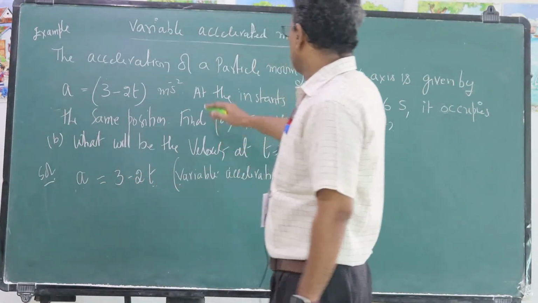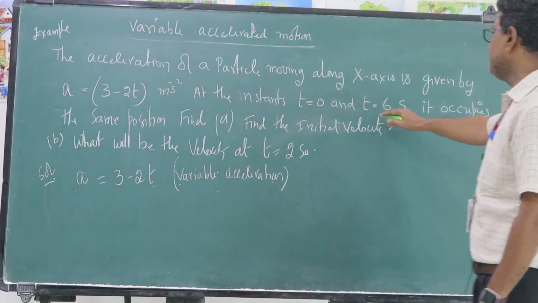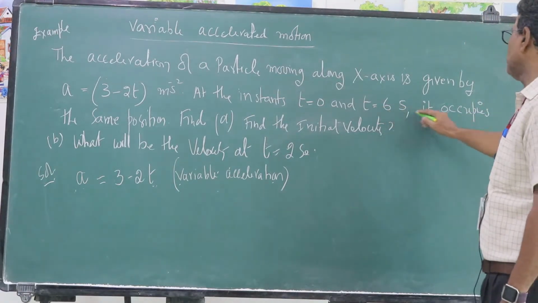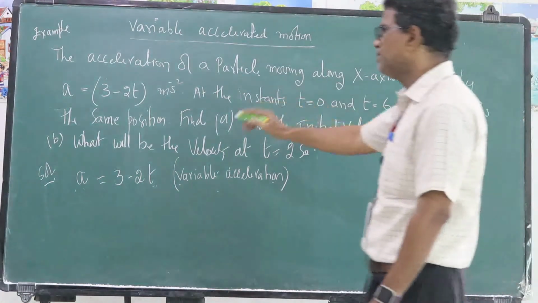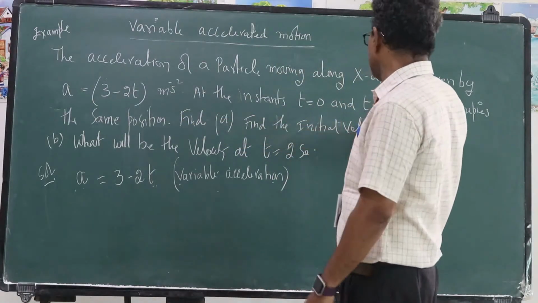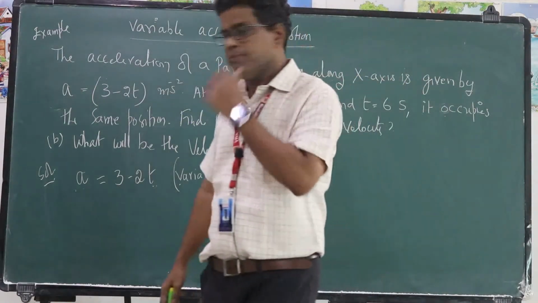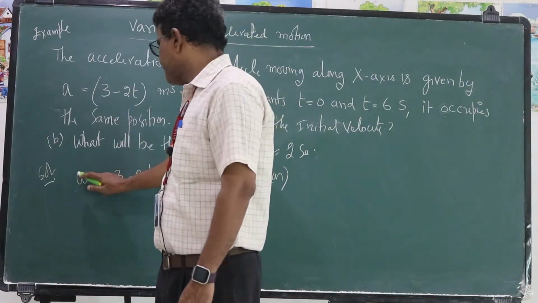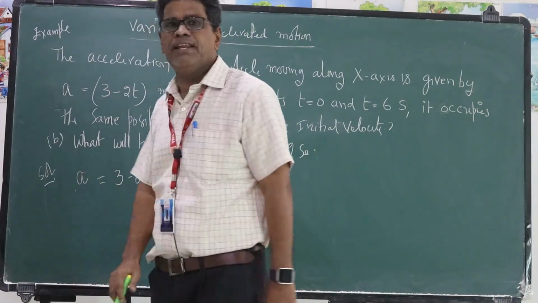So at the instants t is equal to 0 and t is equal to 6, it occupies the same position. Find its initial velocity. First, acceleration is given, you find velocity.